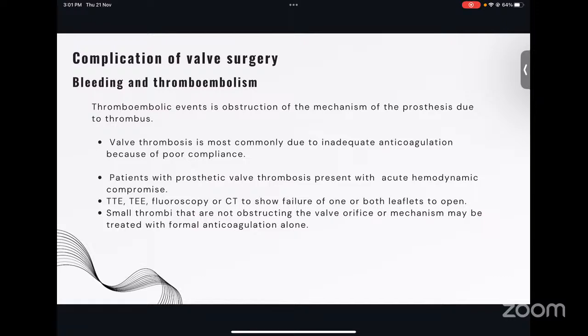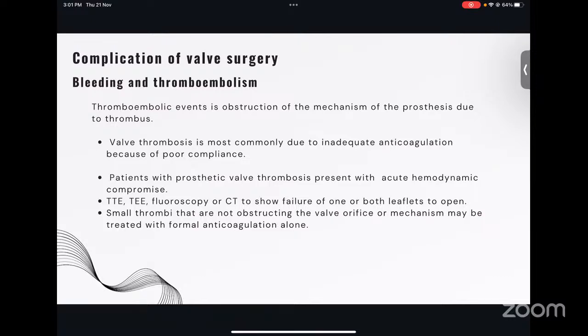Valve thrombosis is most commonly due to inadequate anticoagulation because of poor compliance, or a change in medication or illness. A smaller aortic valve has a higher risk than a larger valve.